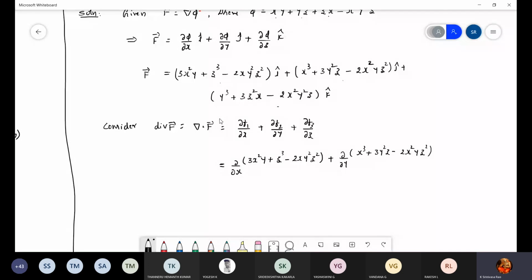This is the second term. Plus the third term, dou by dou z of y cube minus 3z square x minus 2x square y square z. Okay, so that is equal to, let's differentiate.